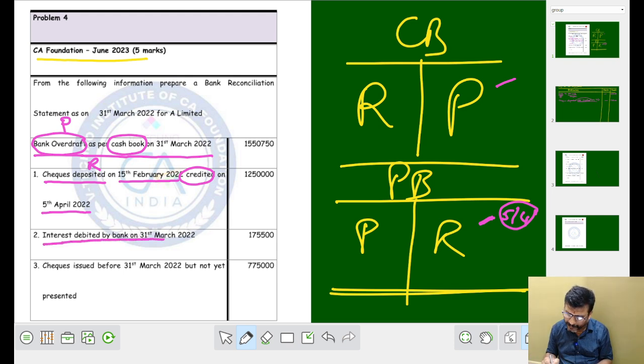See the next point. Interest debited by bank on 31st March. See, debited on 31st March. When it is debited within the period, we have to take it on the opposite side as far as the BRS is concerned, right? If it is not credited, take it in the credit side. If it is debited, we have to take it on the opposite side. Opposite side means we have to take it in the credit side, right?